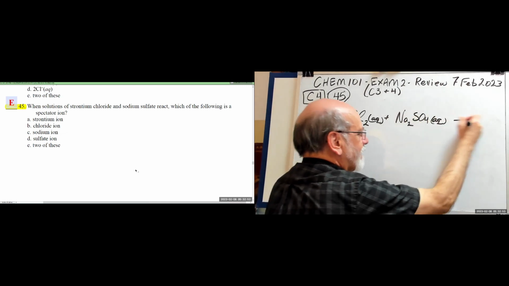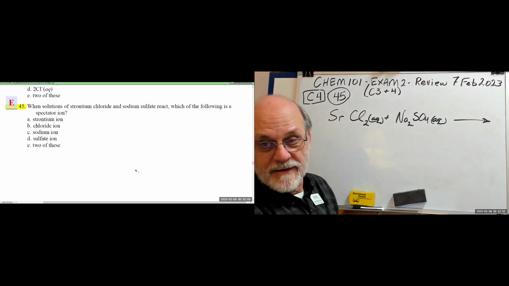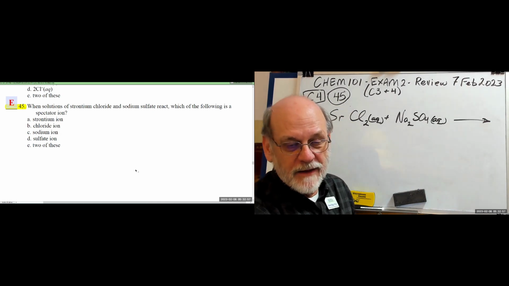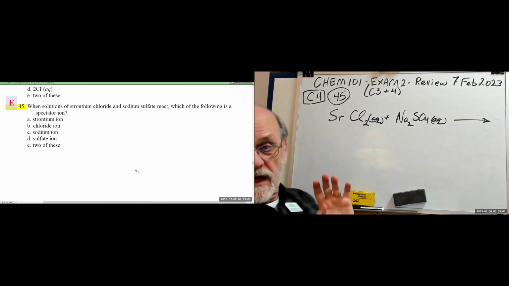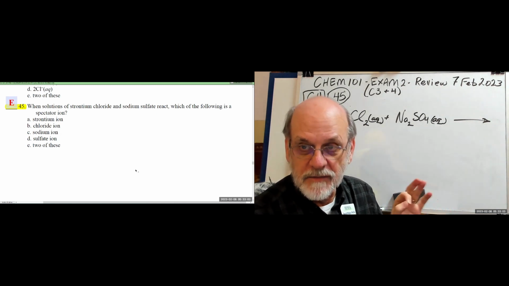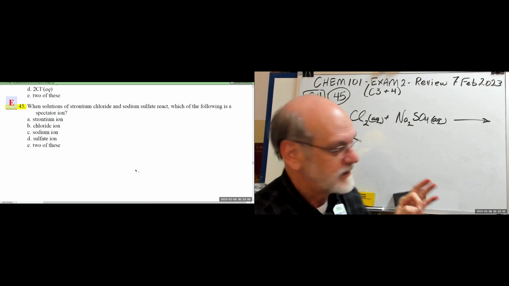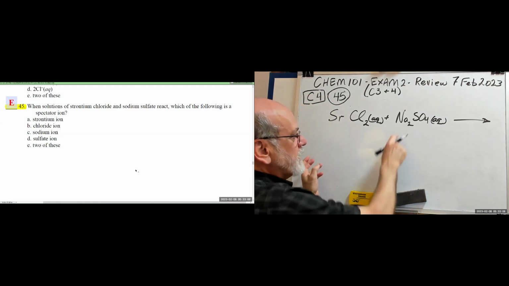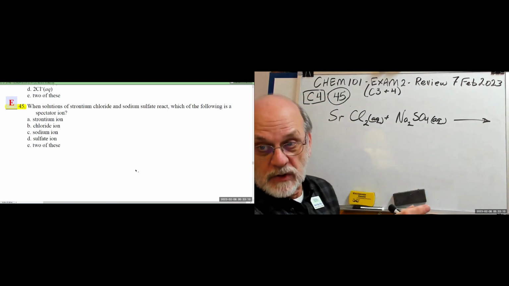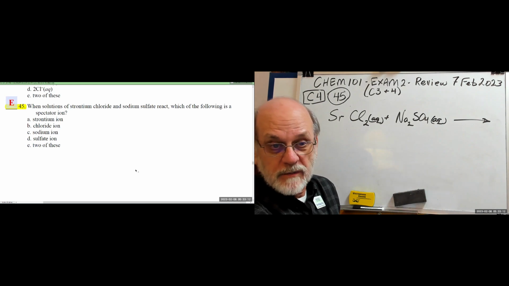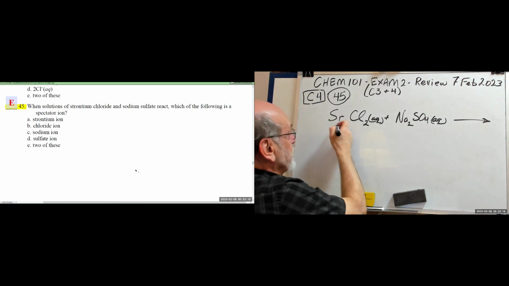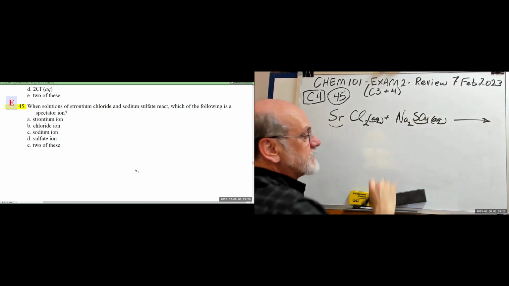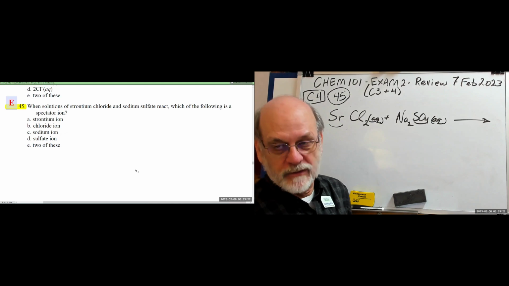All right. Which of the following is a spectator ion? Well, the easiest way to determine this is to say which ions form the solid. And if you look them up, sodium chloride is soluble, right? So the sodium and the chloride are spectators because the strontium and the sulfate form an insoluble compound.